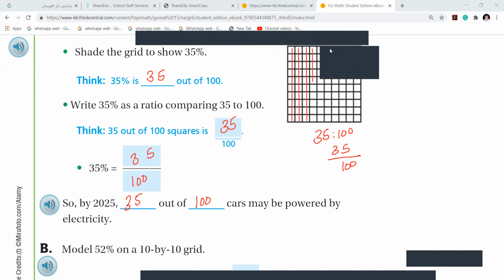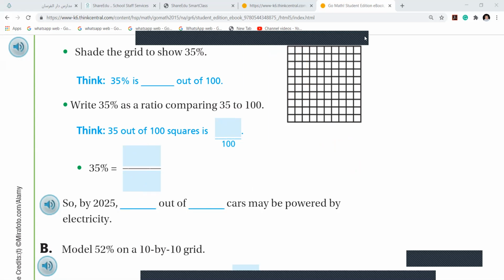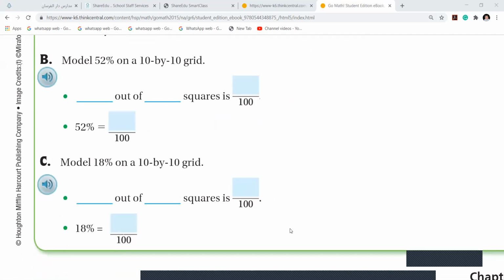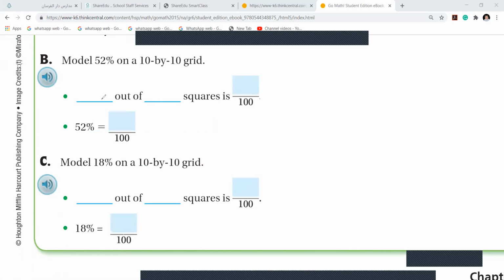Done? Okay. Model next is 52% on a 10 by 10 grid. Again, this is called a 10 by 10 grid. So 52 out of 100, 52 over 100.